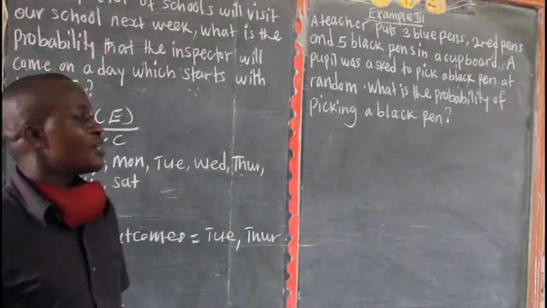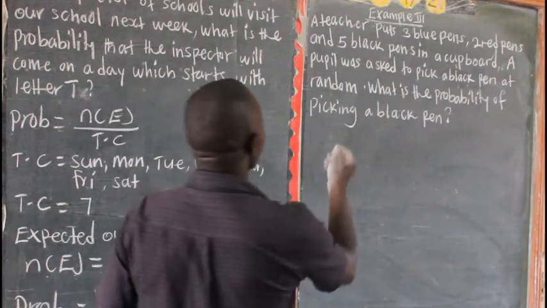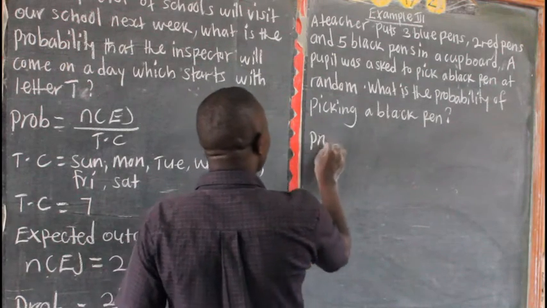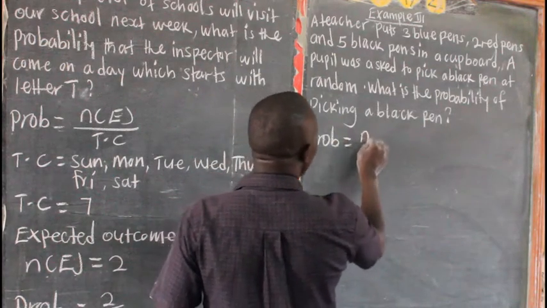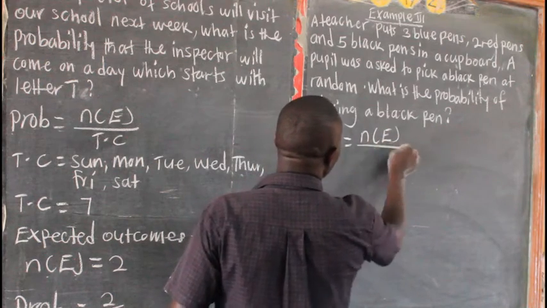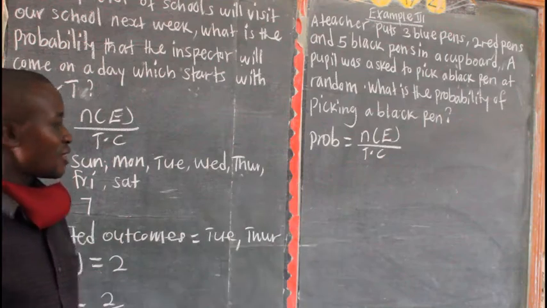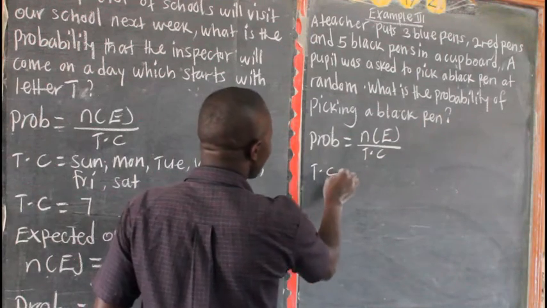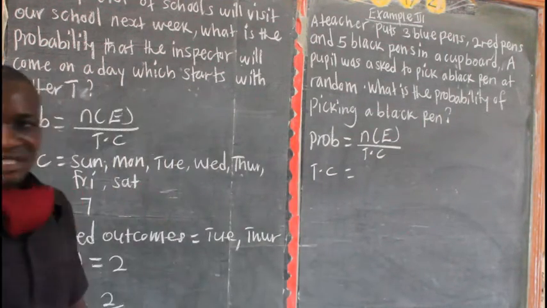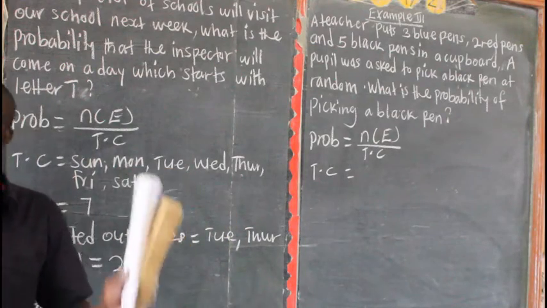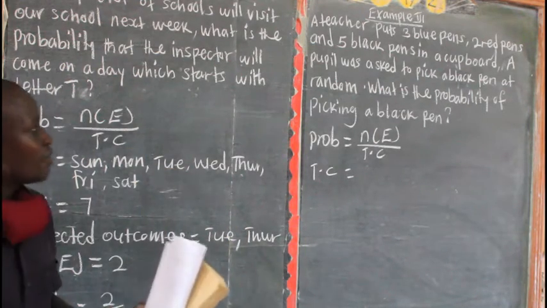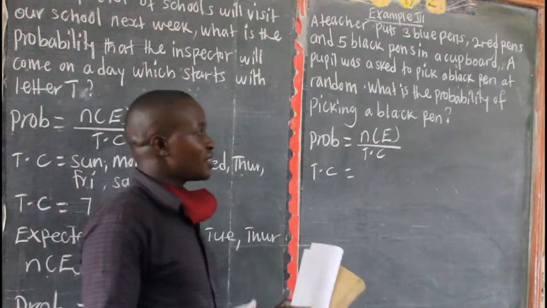Then you are asked, pick a black pen, and you pick. So here we shall also state the formula. Probability is equal to number of expected outcomes out of total chances. After stating the formula, look at total chances. We are going to get the total number of pens in the bag.